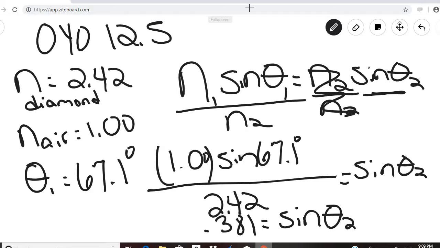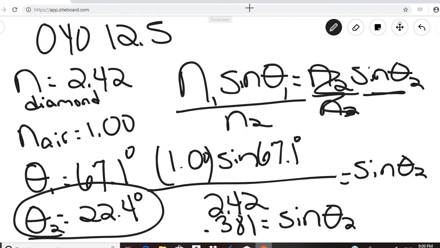So then if you hit the shift sine or inverse sine on your calculator, the angle comes out to be 22.4 degrees. Okay, so that light will go in at an angle of 67, and then it will bend when it goes into the diamond, and that angle now will be 22.4 degrees.